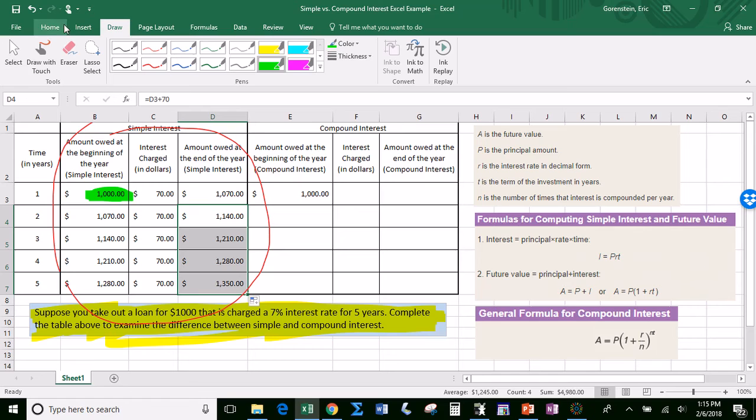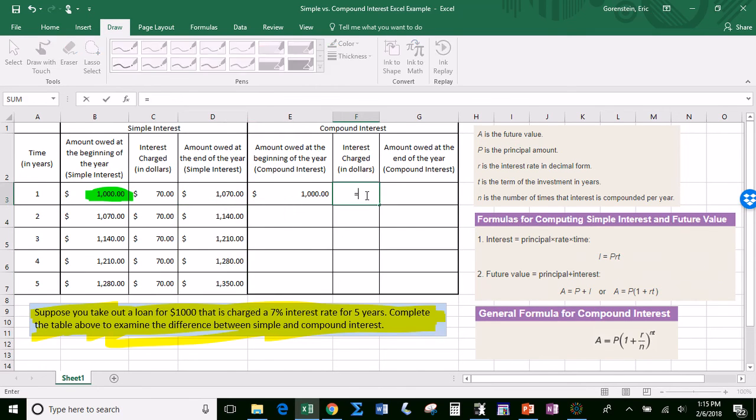On the compound interest side, let's say the interest is compounded only once per year. The word compounding means the principal is recalculated. You're starting off with a current principal of $1,000.